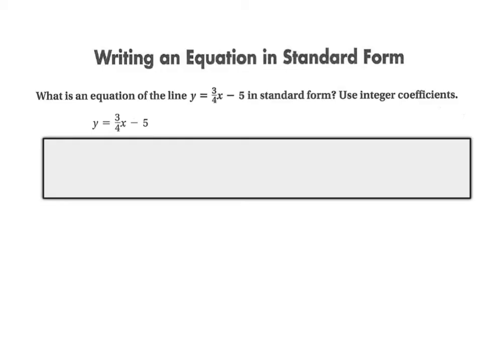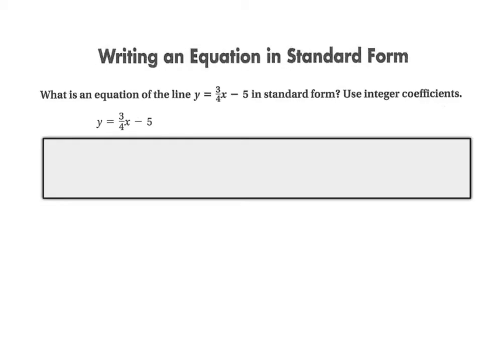But I'm going to multiply every single term by the common denominator, which in this case is just a 4. So I'm going to put a 4 next to everything, and I'm going to cross out the denominators. That's going to give me a 4y, a 3x, and minus 4 times 5, which we can simplify a little bit. 4y equals 3x minus 20. So I fixed rule 1 that was broken.